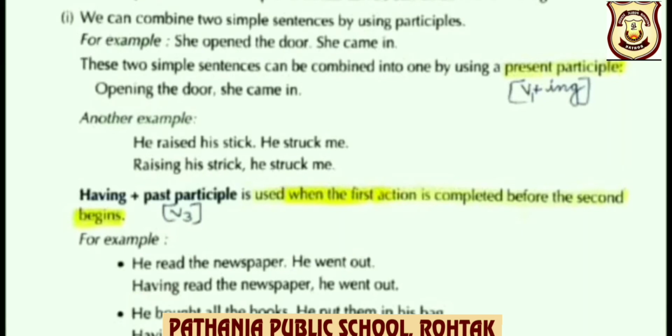These two simple sentences can be combined into one by using a present participle, that is base form of the verb plus ing. Opening the door, she came in. You can see, children, that the sense of the above given two sentences and the one which we have framed means the same.